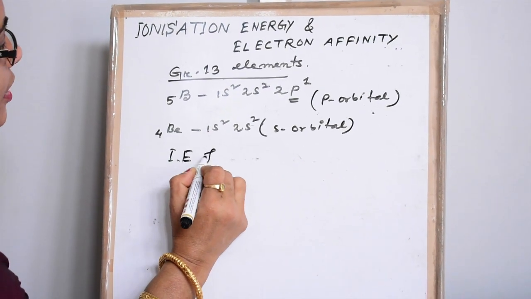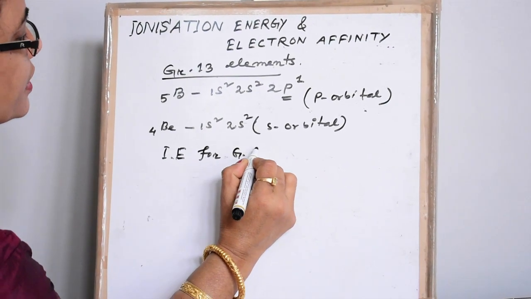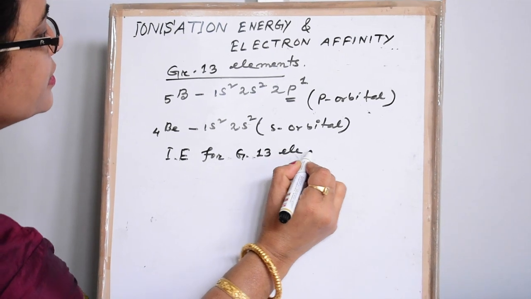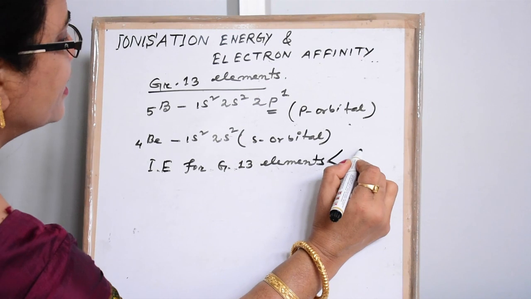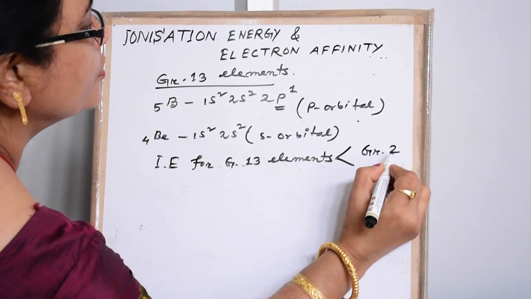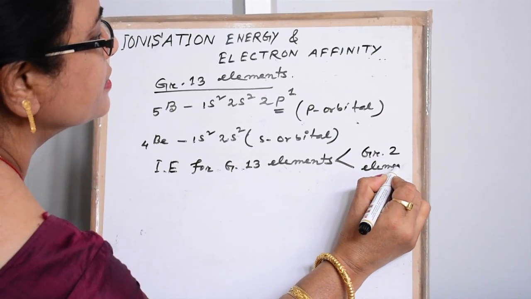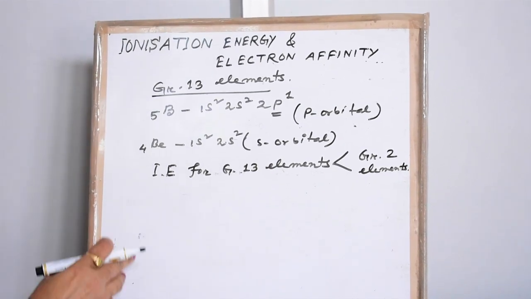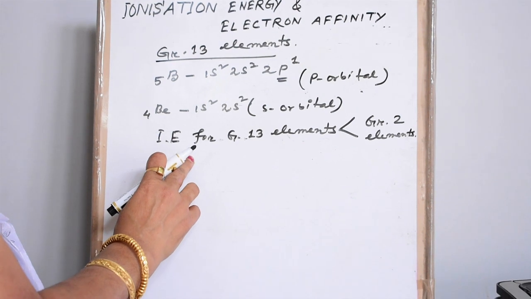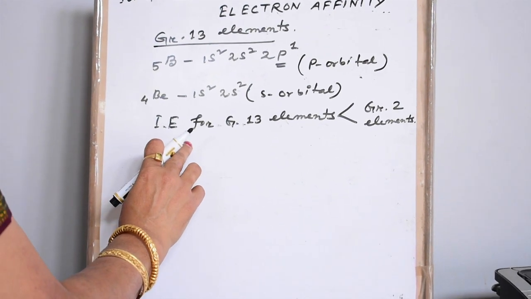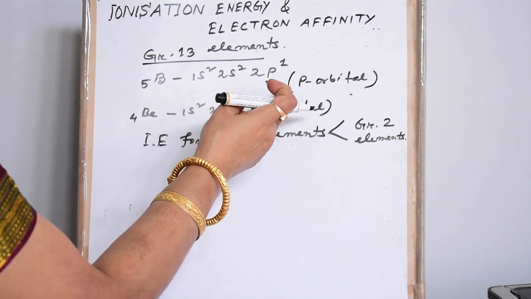So the ionization energy for group 13 elements is less than for group 2 elements, because the ionization energy depends upon the type of orbital where the last electron exists.